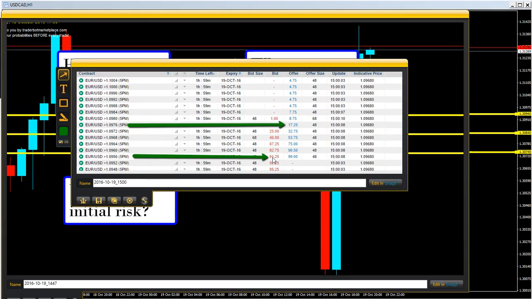So somewhere between 9 and 17. Technically, 10 pips out is going to be somewhere between $9 and $15. That's what it's going to be on every one of these trades. On the higher volatility trades, they're going to be a little bit more. On the lower volatility trades, they're going to be a little bit less.